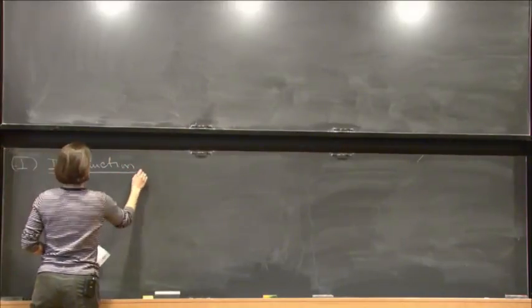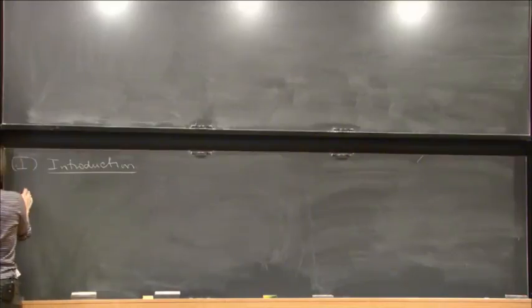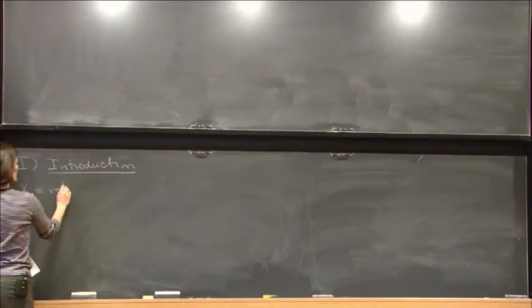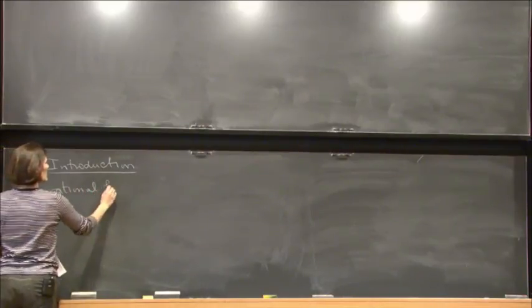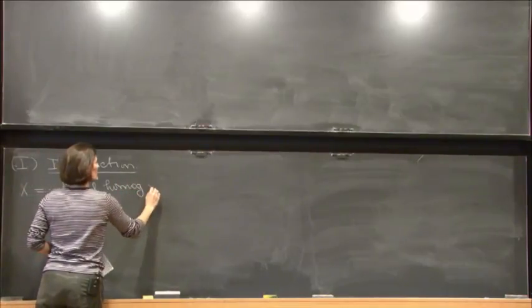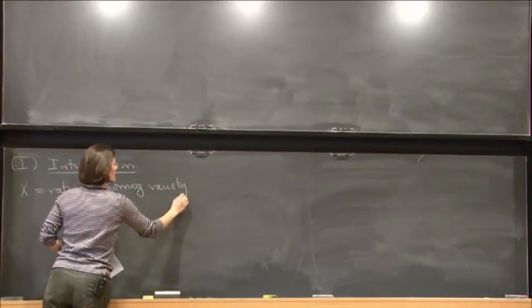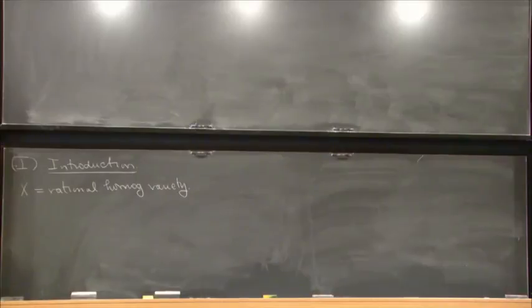What are the questions and the objects we'll be looking at? So we start with X, a rational homogeneous variety. And I'll give you a toy example to hold in your hand as we go through the talk.